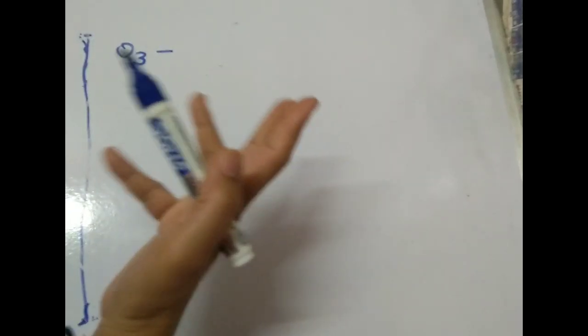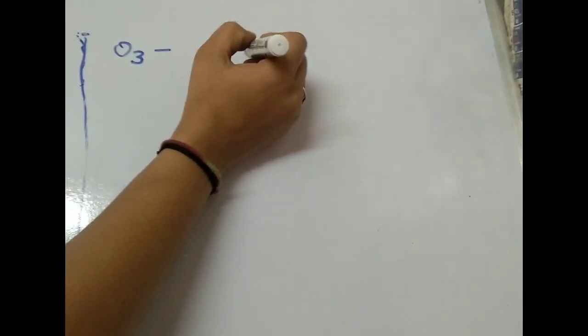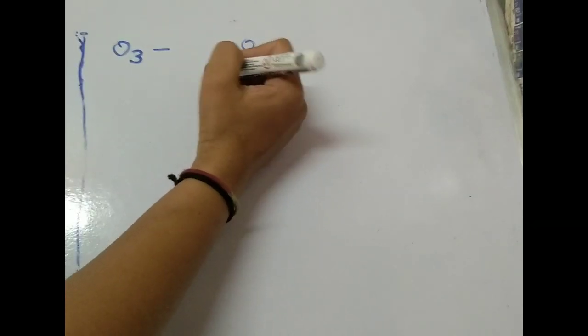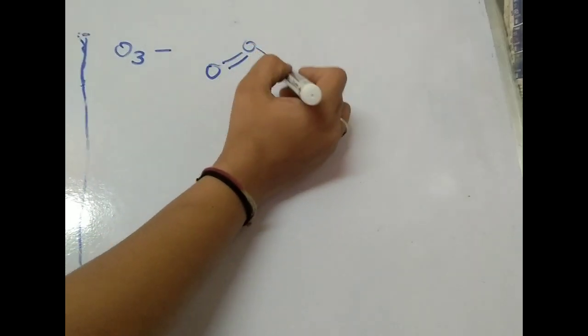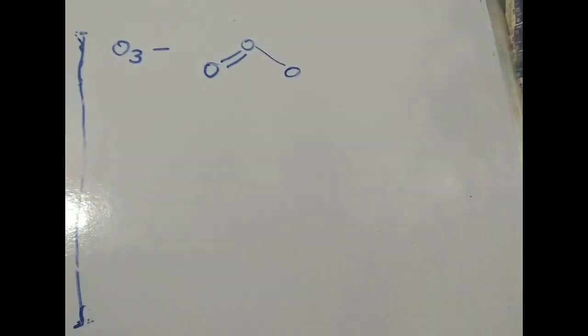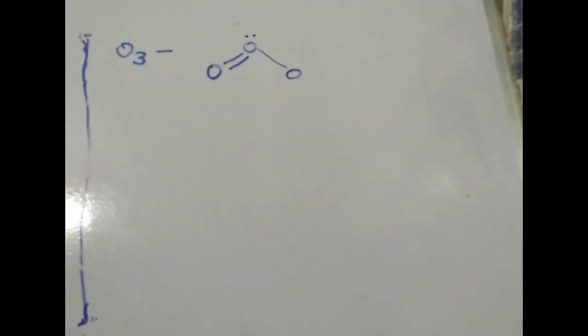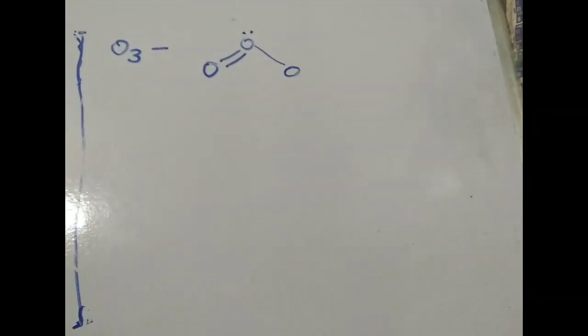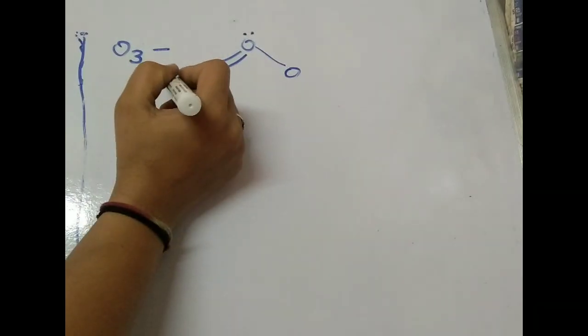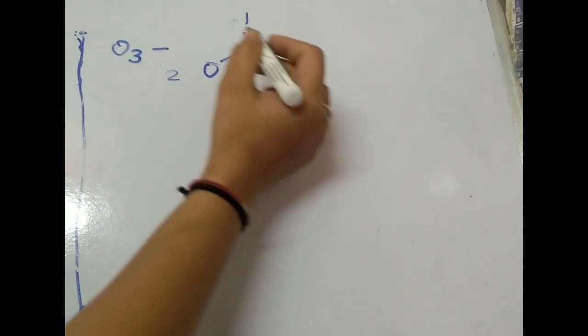We will calculate the formal charge for the ozone molecule, that is O3. Ozone has 3 oxygen atoms, and the structure of ozone is oxygen double bond oxygen, and after this is the third oxygen, on which a lone pair is present. We will mark them O1, O2 and O3.